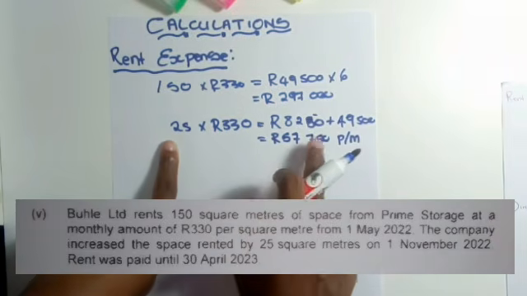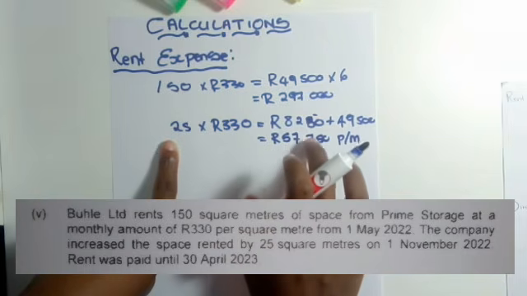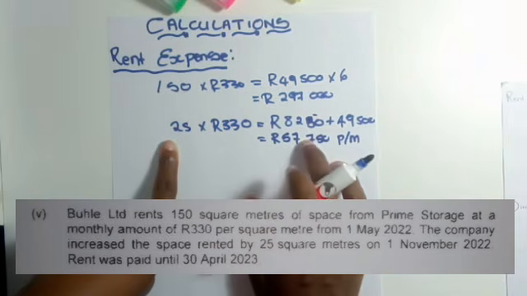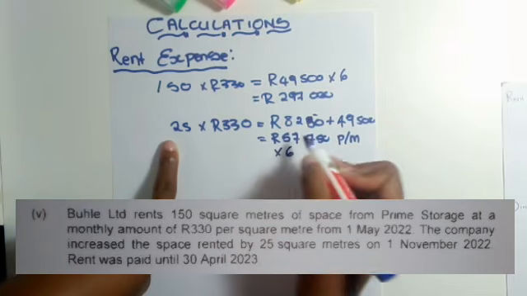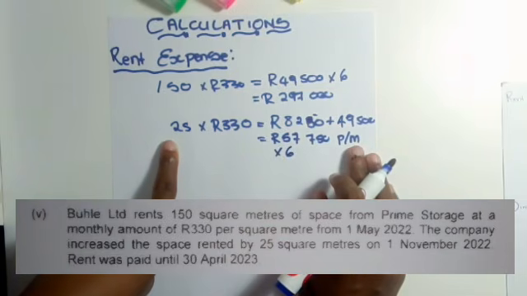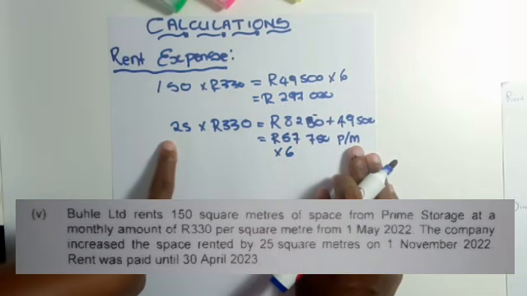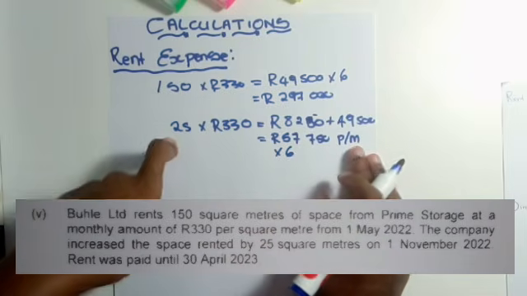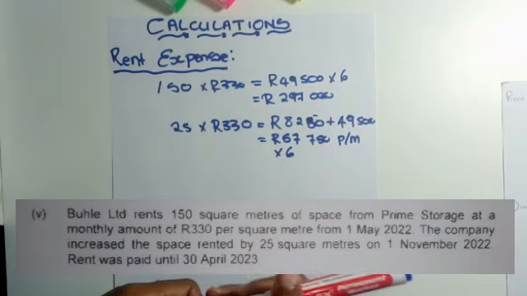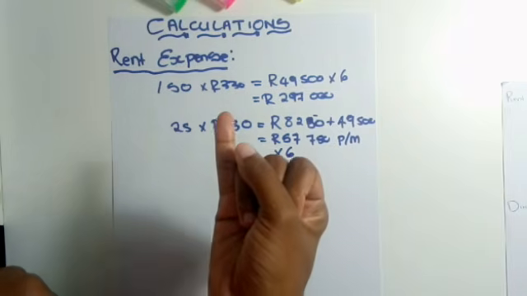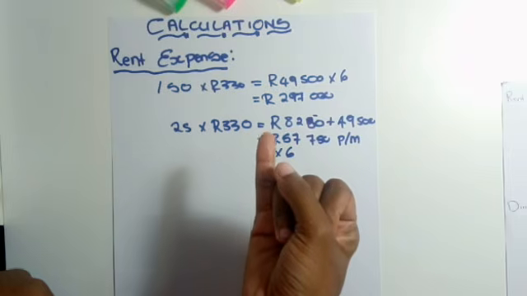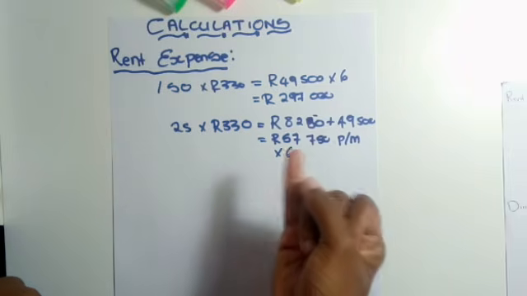Now, how many months did I pay this particular amount? I paid it for 6 months. I'm counting from 1 November to 30 April 2023. So November, I'm starting with the month of November because it was on the 1st of November, so it must be included in the calculation.